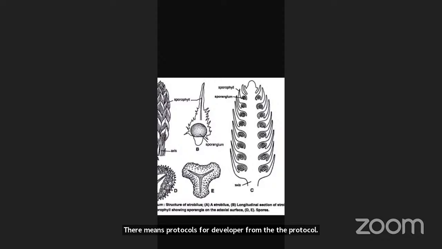So here, in 1890 the protocorm theory was established. This protocorm is a structure of great antiquity and is regarded as the precursor of the stem. Precursor means initial product.